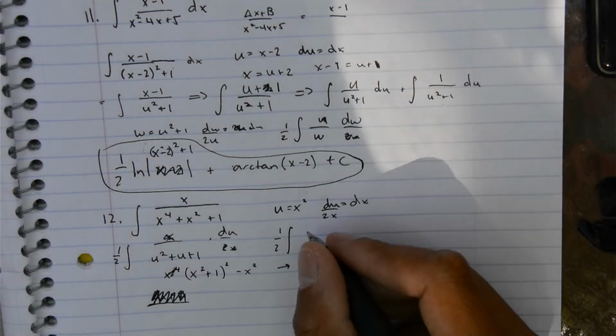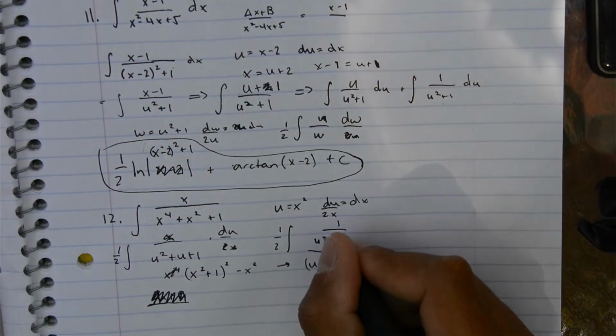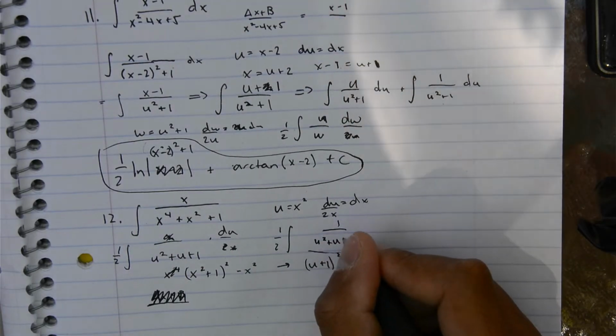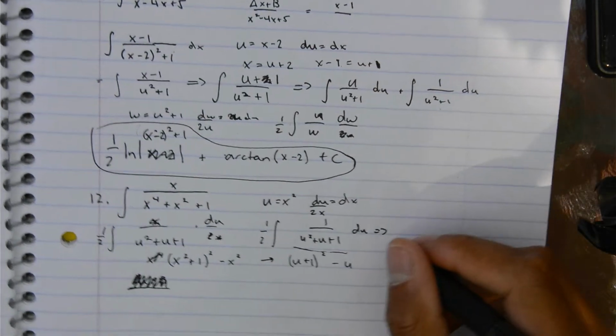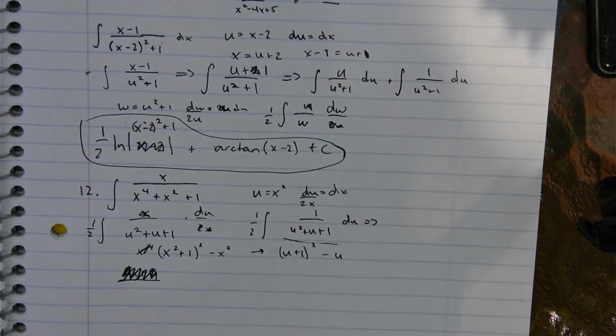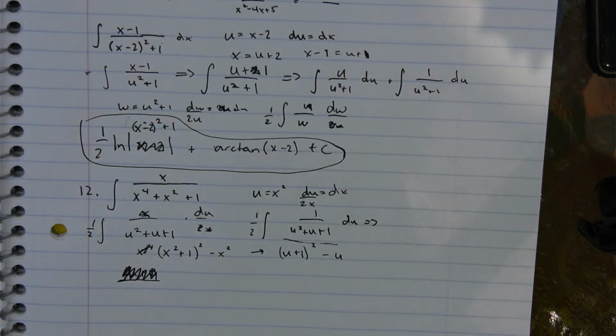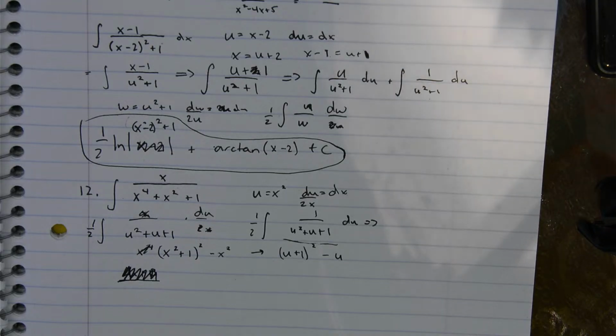Okay, so it's saying here when you have 1 over u squared plus, you turn this into, oh, that's insane.